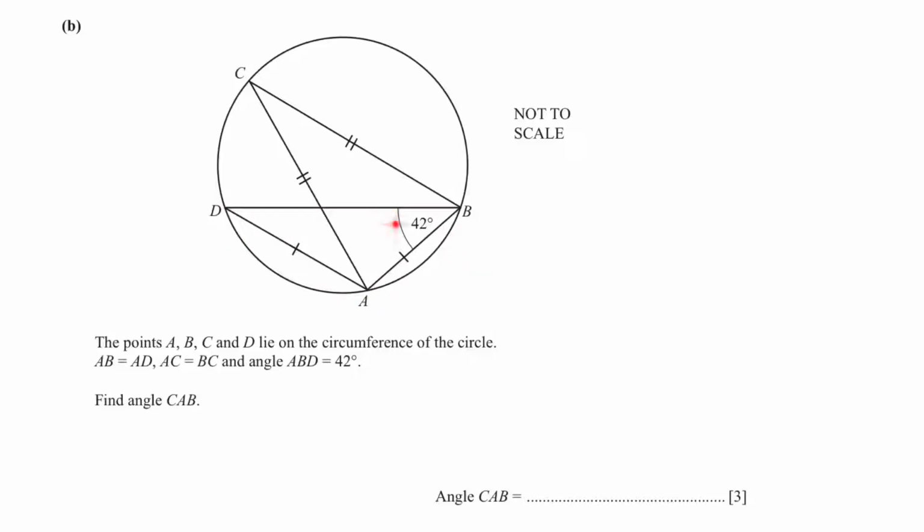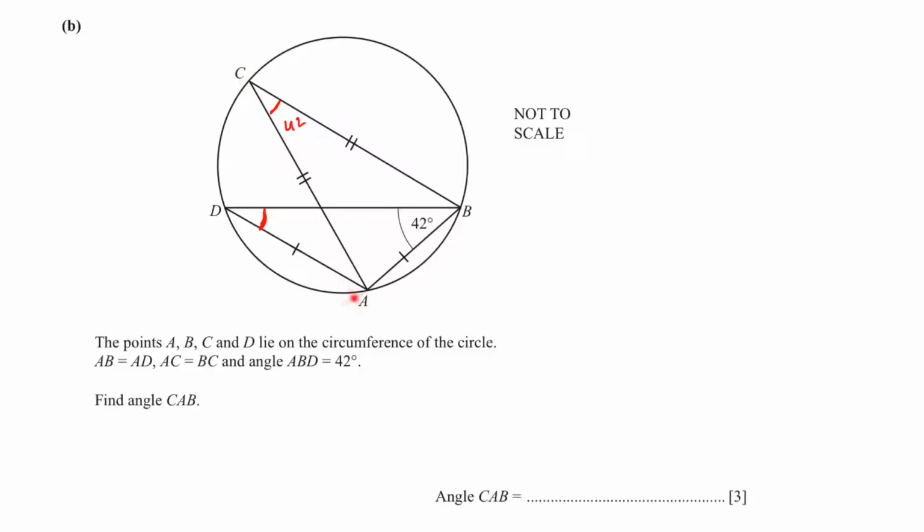Therefore, if angle B is 42, angle D will also be 42. So this is 42, and using the circle theorem, we know that angles from the same segment equal each other. So angle ATB is equal to angle ACB. Therefore, angle ACB is also 42.